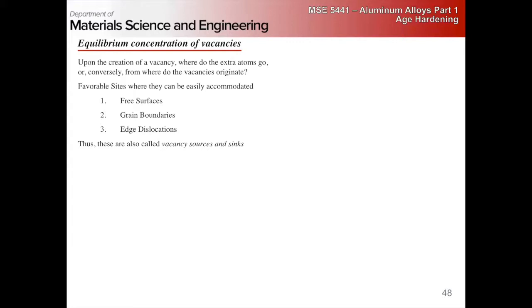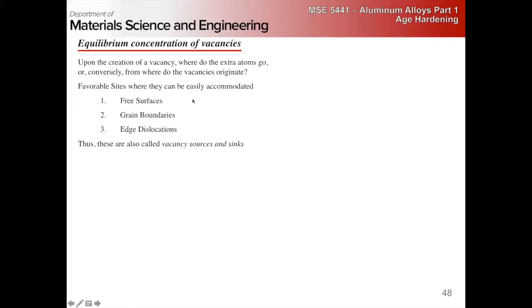What is that? It's when an atom jumps into an interstitial space, leaving behind a vacancy. In a close packed metal, how likely is that? Vanishingly small, we'll say. So we can just ignore that effect for the overall vacancy concentration.